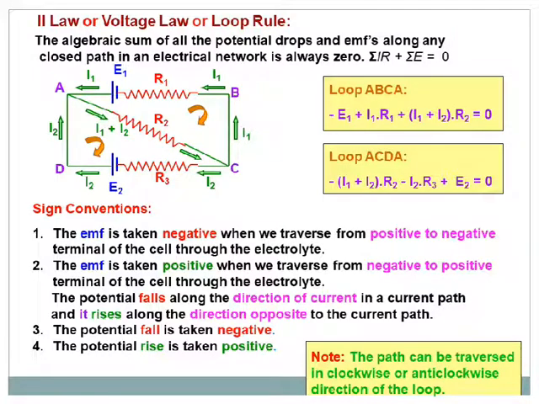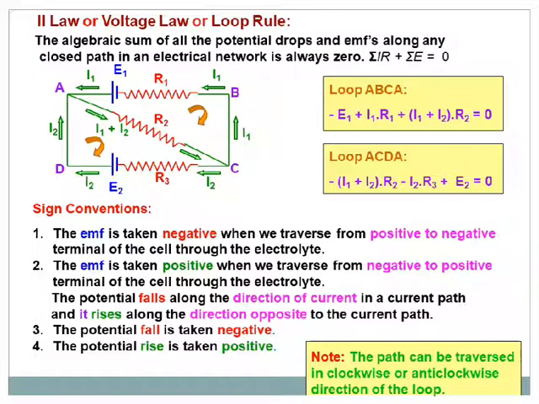According to Ohm's law, V is I into R. So the law is stated as summation IR plus summation E is equal to 0. Right?